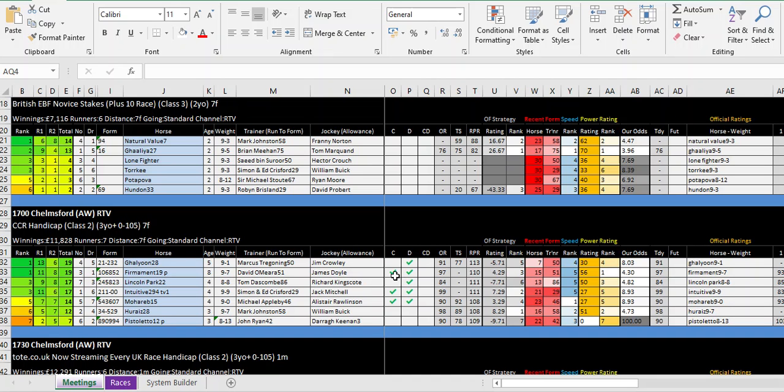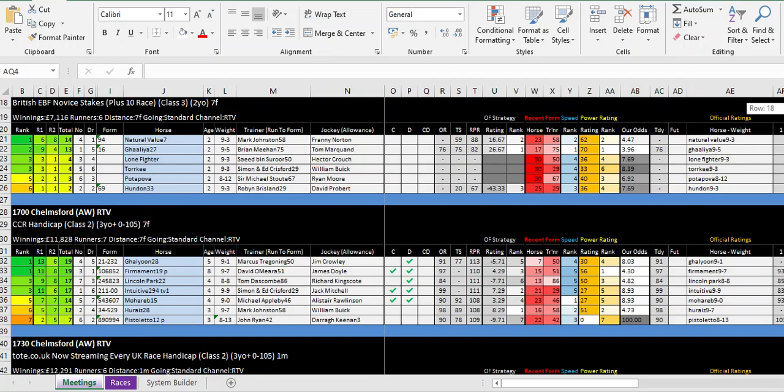Yes, Firmament has won at Cheltenham before, and it has won over today's distance of 7 furlongs. But when it won at today's course, it wouldn't have been over 7 furlongs, otherwise this column would have been ticked. Okay, so please bear that in mind.